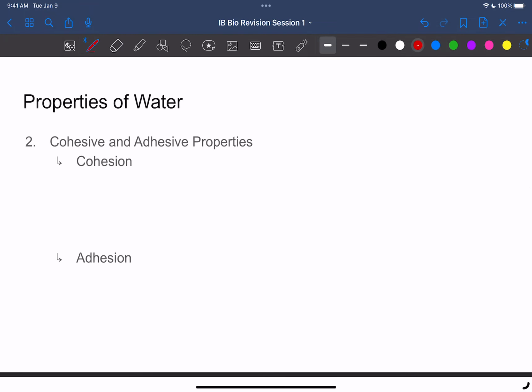Our next property is cohesive and adhesive properties. So this is very relevant in plant biology, as you know, topic 9. We love that one. So starting with cohesion, cohesion is when water has interactions with itself. And this is not special at all, just hydrogen bonding.